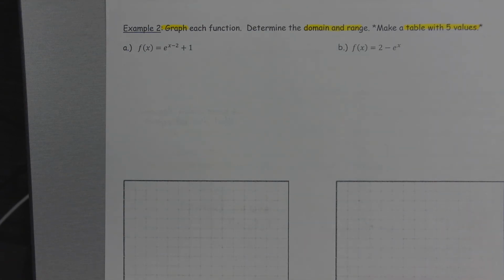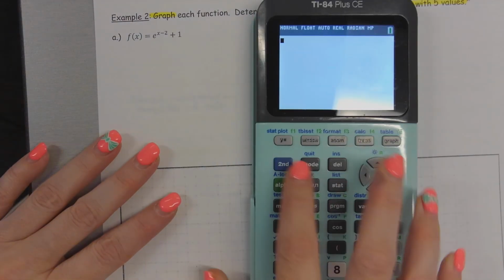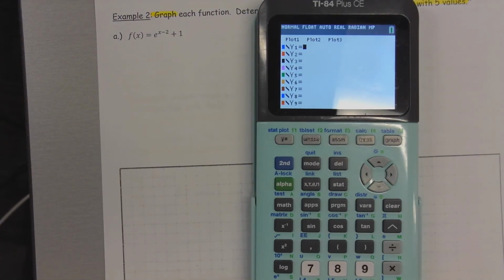Okay, so we're going to use that E button. I want you to plug that in to your Y equals. So plug that in, and then you guys are going to make the Y equals.